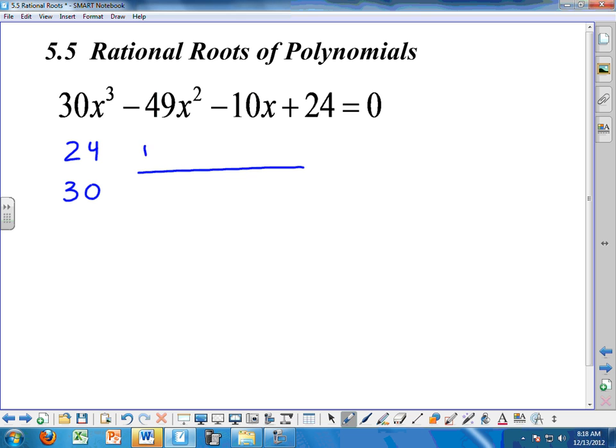Of course, 1, 2, 3, 4, 6, 8, 12, 24 from the numerator portion, and then 1, 2, 3, 5, 6, 10, 15, and 30 from the denominator portion are going to give us all kinds of fits when we try to do this by synthetic division.